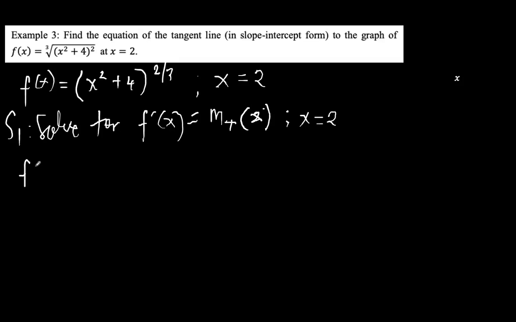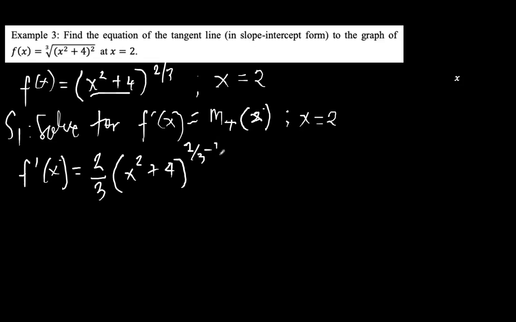So we have f prime of x equal to, this is a composition of the function x squared plus 4 and the exponent 2/3. But I will not be using Leibniz's way of solving it. Let's differentiate it directly. So we have 2/3, copy the base, and the exponent 2/3 minus 1.